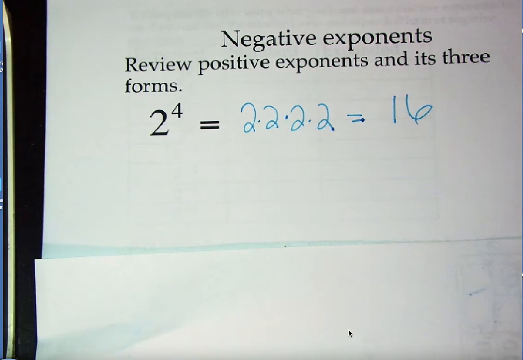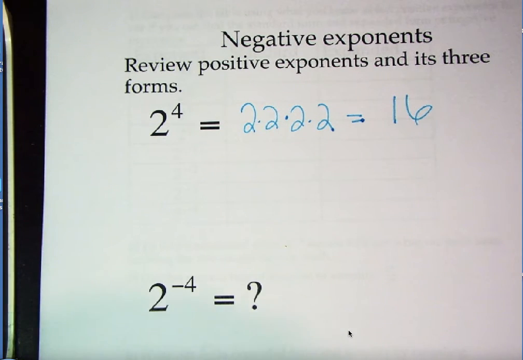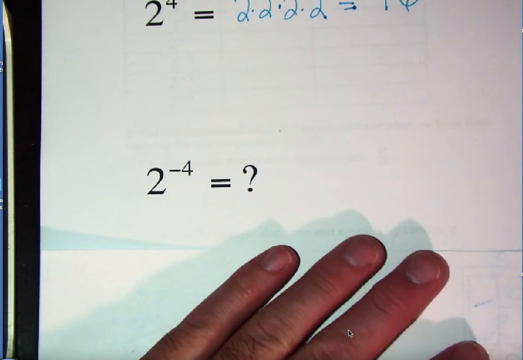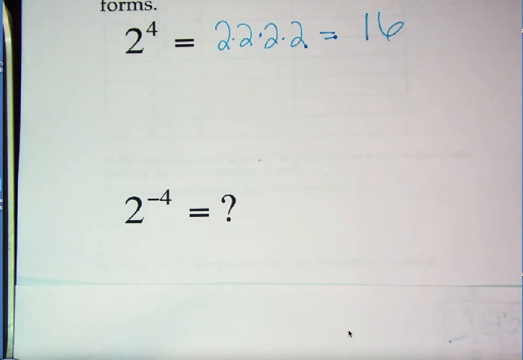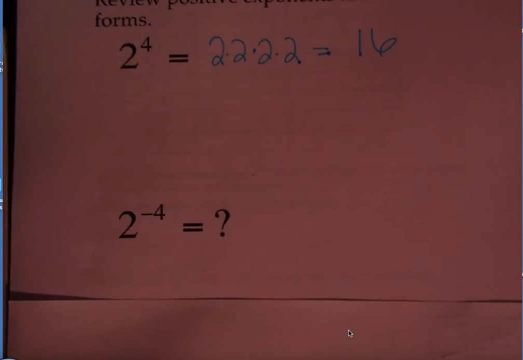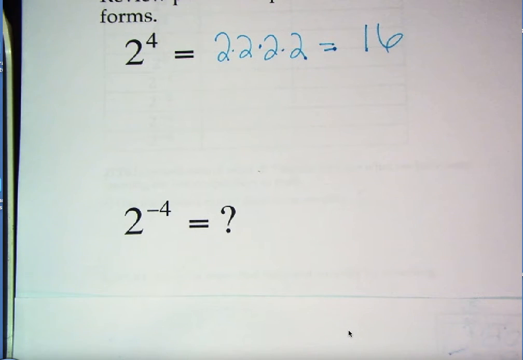That makes sense. 4 copies of 2. Because we have negative numbers, it's okay to have negative exponents. So now we have to think about the idea of a negative exponent. If 2 to the 4th equals 2 times 2 times 2 times 2, which equals 16, what could 2 to the negative 4th power be?